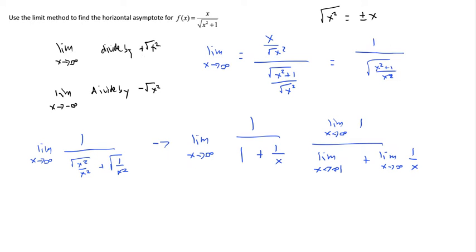Using the rules that we know, this is just a constant, so this just equals 1. Here, this just equals 1, and this, as we've learned, as x gets really, really large, 1 over a really large number is just equal to 0. This goes to 0. So what's the final result here? We get 1 over 1, which is just equal to 1. So the limit as x approaches infinity, in this case, is equal to positive 1.